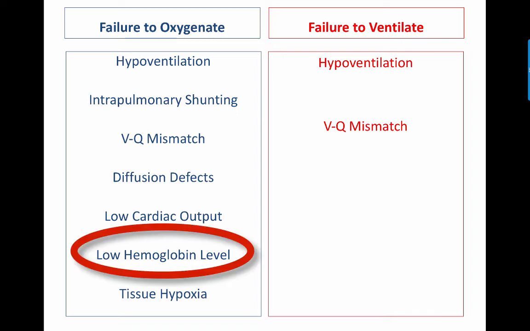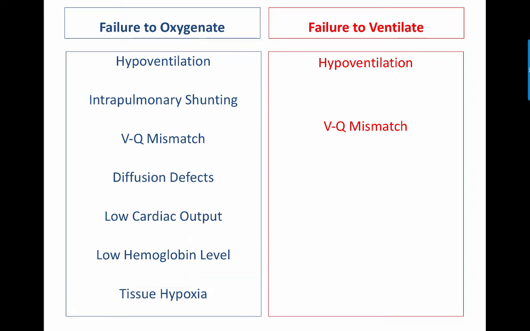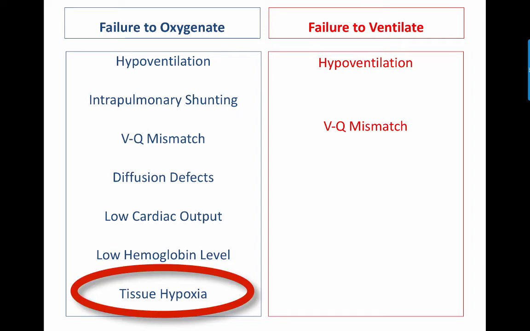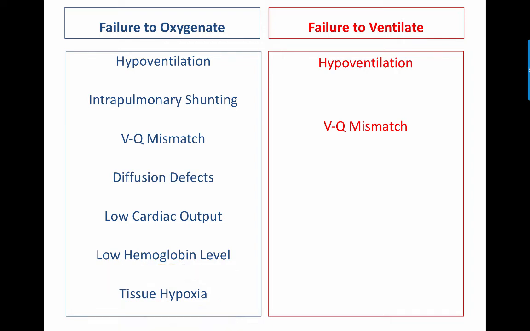Significant severe anemia, where you have a loss of oxygen carrying capacity because you have low hemoglobin, you will eventually have a hypoxic state. And you can have tissue hypoxia from many reasons, right? Usually from shock. So you can have septic shock, hypovolemic shock, all kinds of different causes. Whatever the cause, you have hypoxia simply at the tissue level.